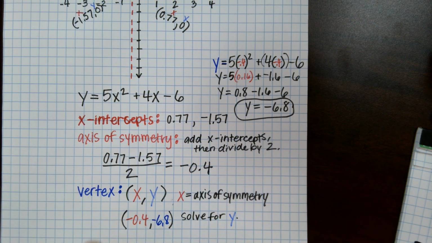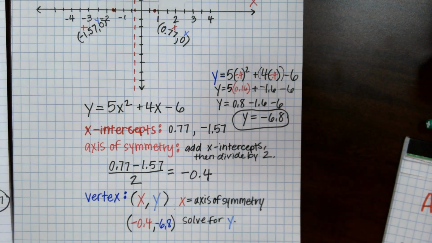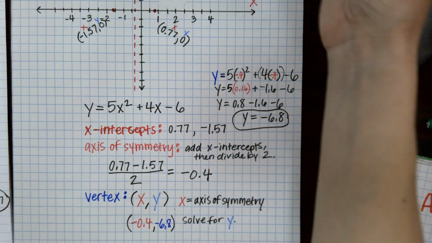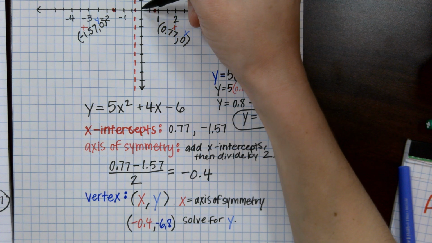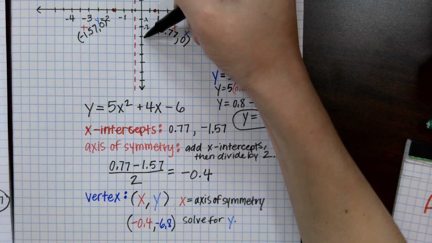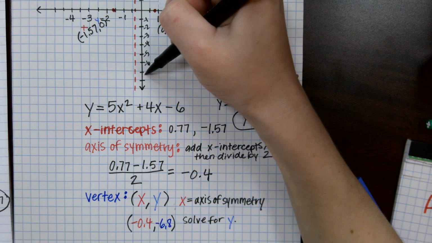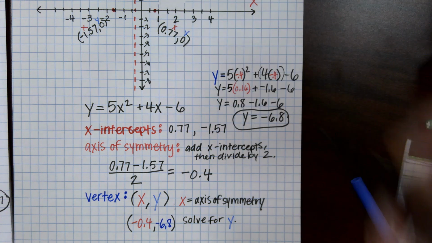And I'm going to have to change my scale on my y-axis because I did not give myself enough room. So my graph is not going to be accurate, but that's okay. I'm going to start at 0 here on the y-axis, and I'm going to go down -1, -2, -3, -4, -5, -6, -7, -8.